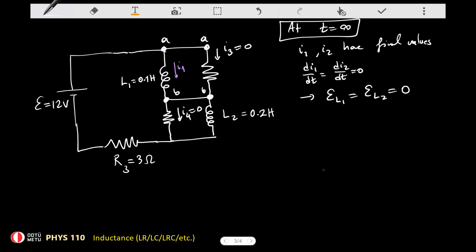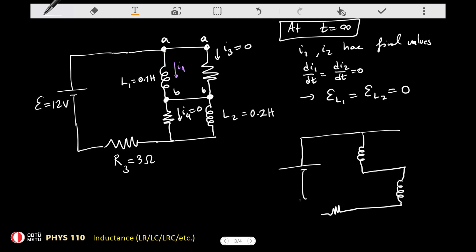So as a result, in that case, we have this kind of a situation. We have an EMF device in here, an inductor in here, wire, and another inductor, wire, and a resistance. And the current doesn't flow in this branch or that branch. So I can take them out, just forget about these branches.